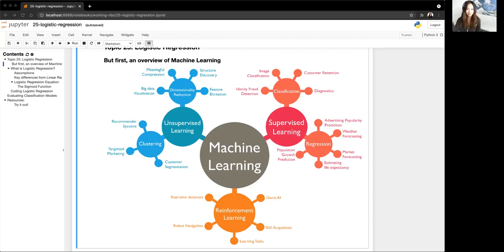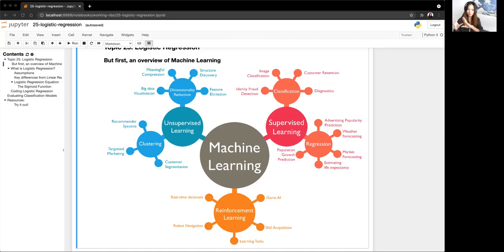So that's the main difference between the models that we're learning about this phase versus last phase. However, a lot of the models that we'll be talking about this phase, even though we're talking about them in a context of classification, do have regression counterparts, which we will get to. I'll mention those when we get to them.